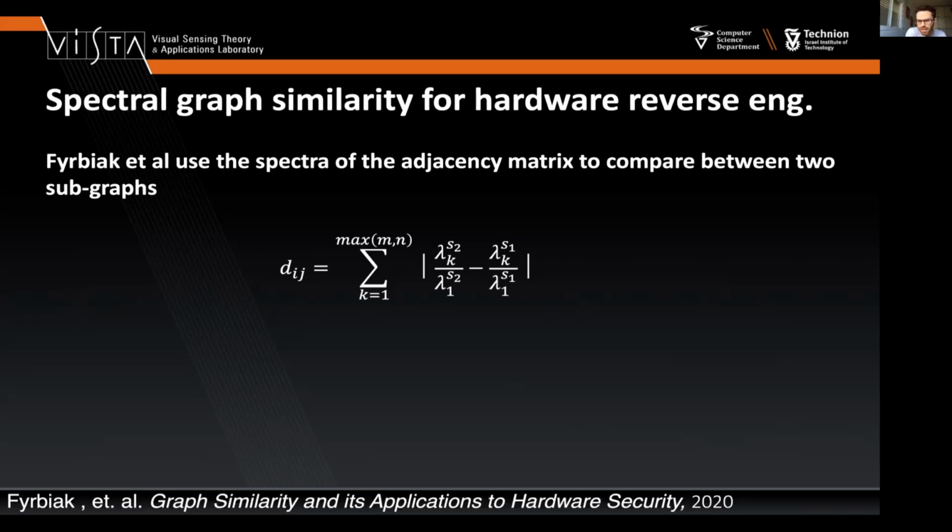This is quite a simple descriptor, but at least in the paper they get very good results compared to other approaches to approximate graph sub-isomorphism. So we are thinking that if you can get such good results with the simplest spectral descriptor, maybe you can get something better with more sophisticated methods, which I will explore next.